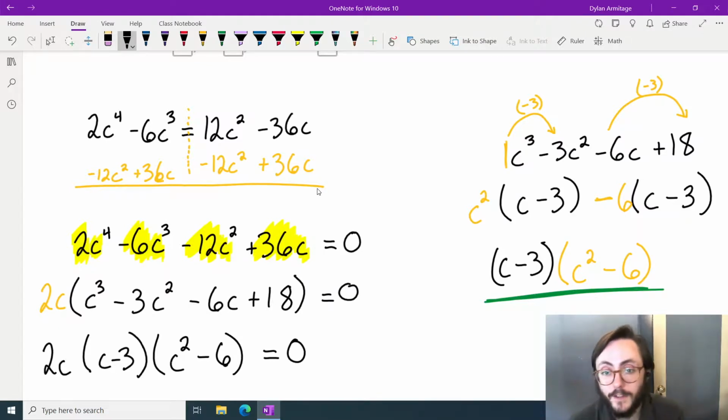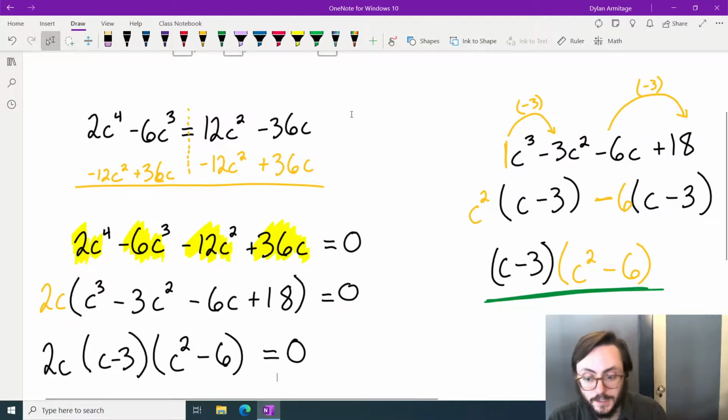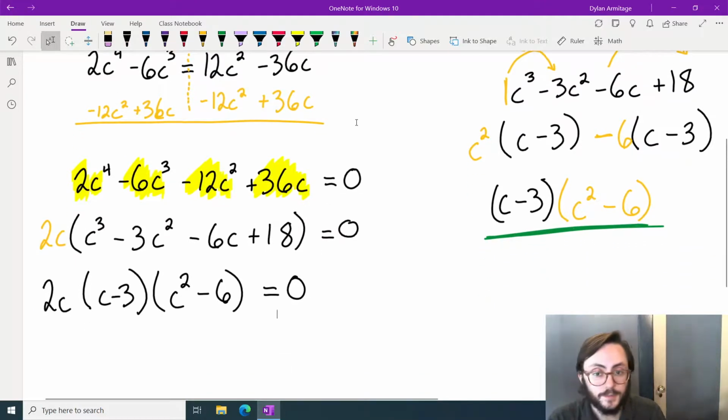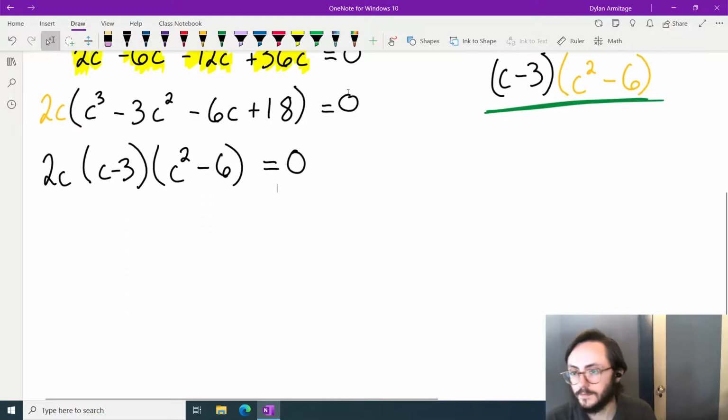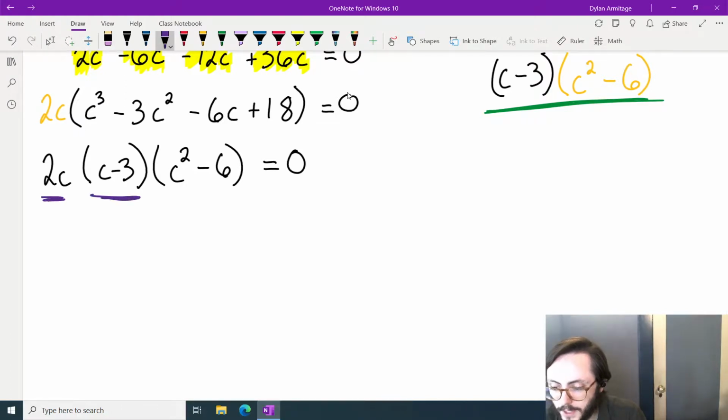Now we can't factor c squared minus 6 at all, since it's not going to give us a pretty number. Now, through our zero product property, we have our 3 terms here, and each one can be equal to 0.